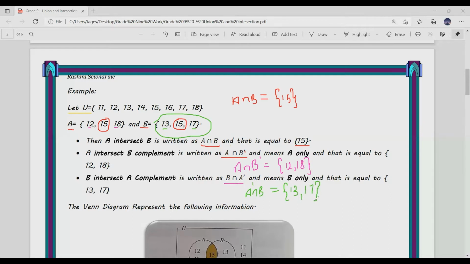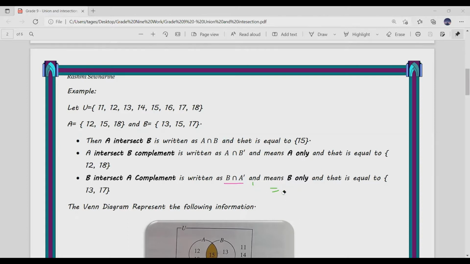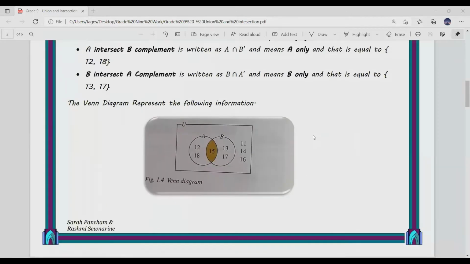And that is it for that. So we look at the Venn diagram, because in the exercises that you will have to do, you will have to construct Venn diagrams, and you may have to read Venn diagrams and identify certain parts of the Venn diagram.